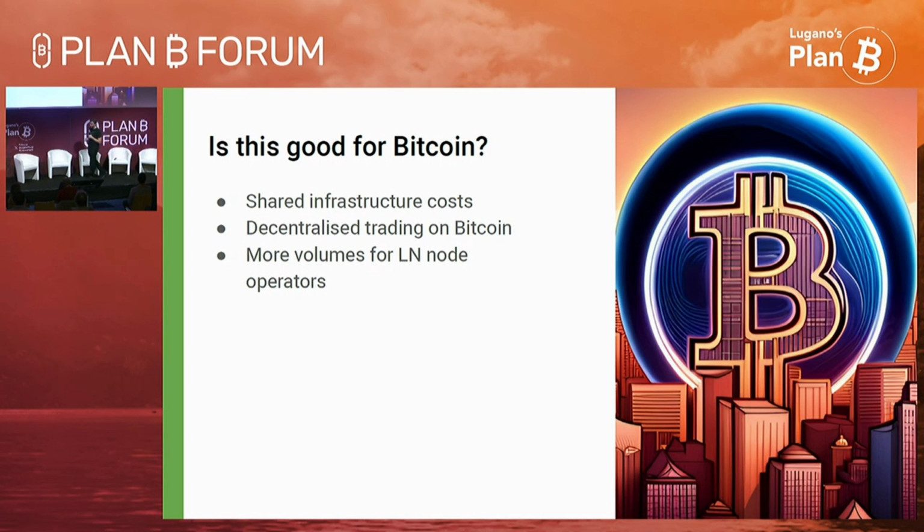But still, there are a few reasons why you could argue that it's good for Bitcoin. First of all, if people use Bitcoin not only to pay in Bitcoin, but also to pay in other assets like stablecoins that are quite popular for payments, you have a shared infrastructure cost. For example, let's say that we have a merchant that installs a payment terminal that accepts USDT on Lightning.